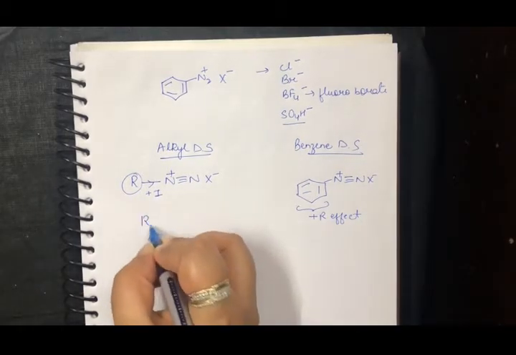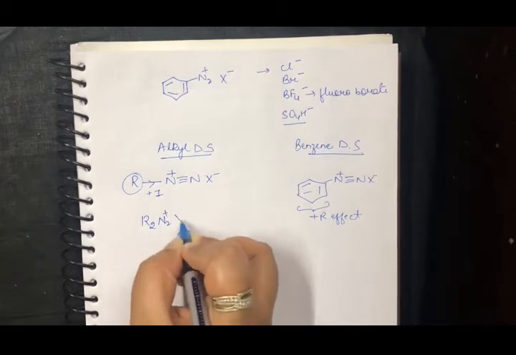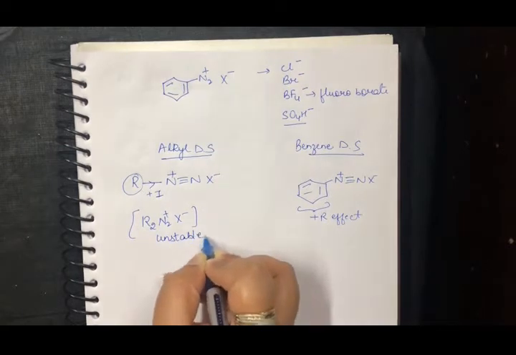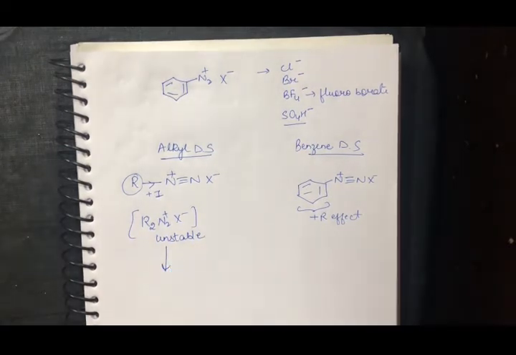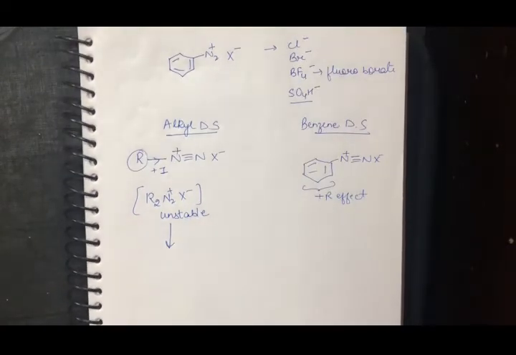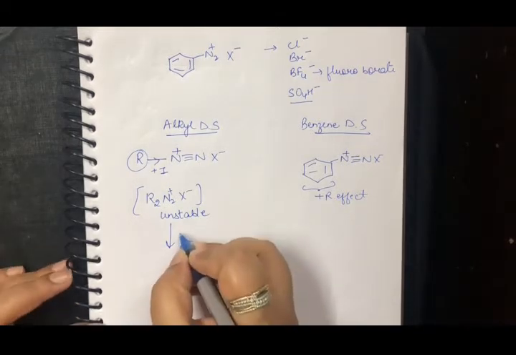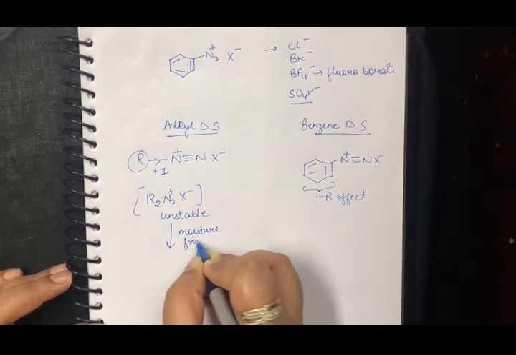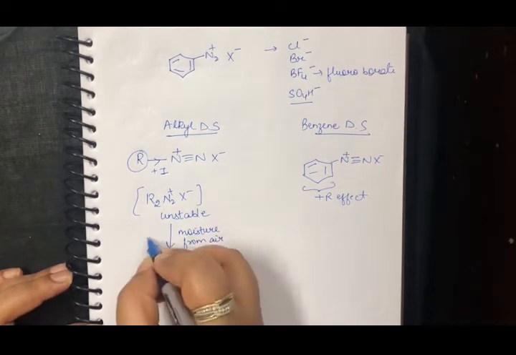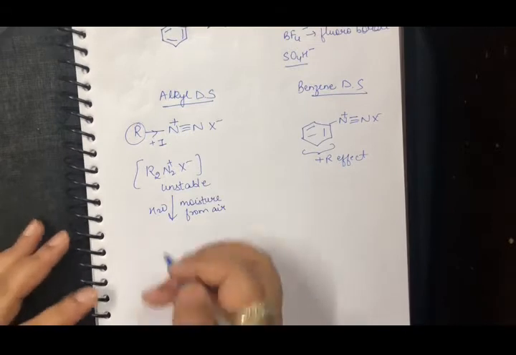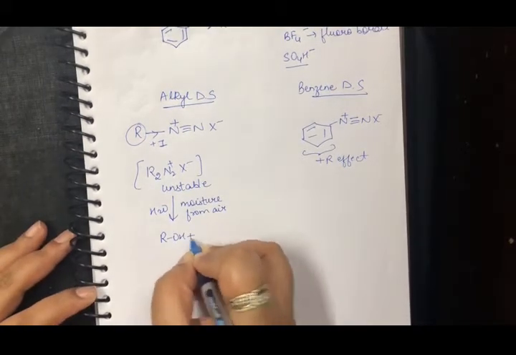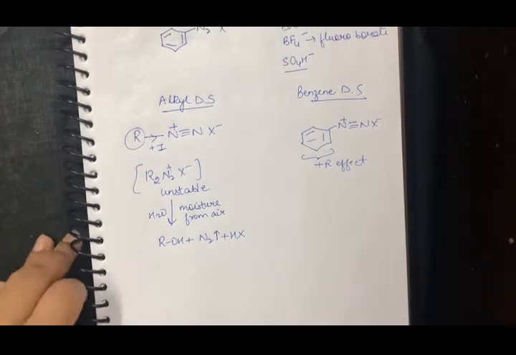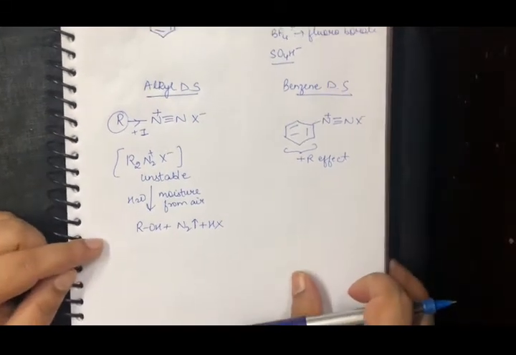And we also know that if I am saying it like this, this is unstable. I talked about this in the previous video. So even if this particular molecule, which is unstable, absorbs moisture from air or you expose it to proton or water, this will end up giving you an alcohol, plus nitrogen gas would be released along with the halogen halide that I've already talked about in the previous video.